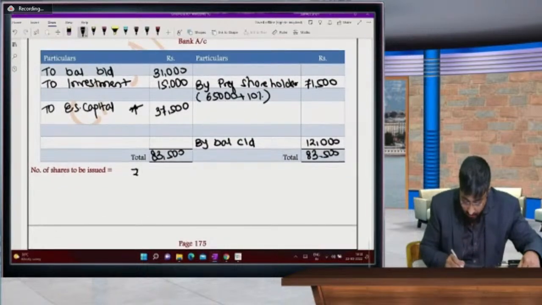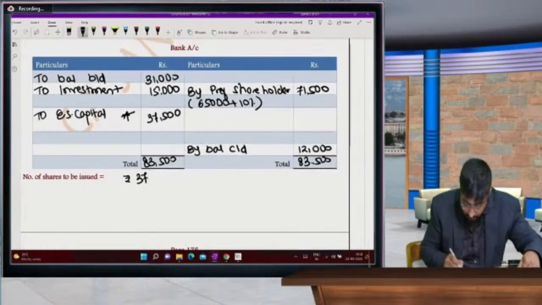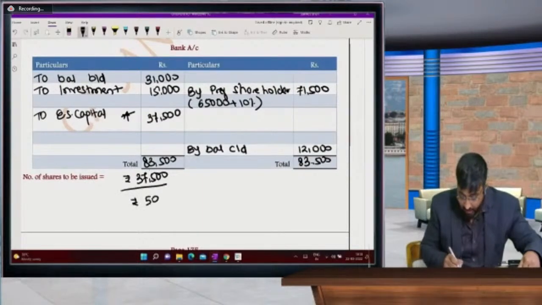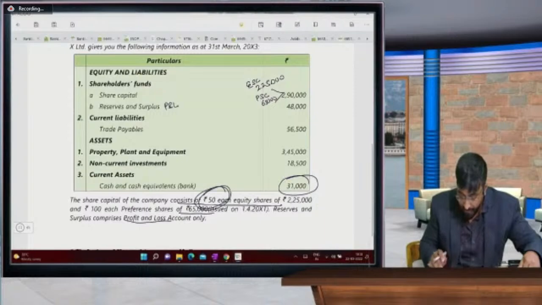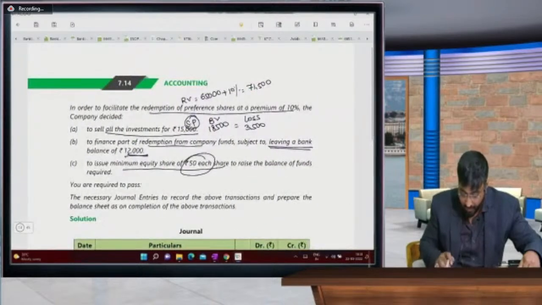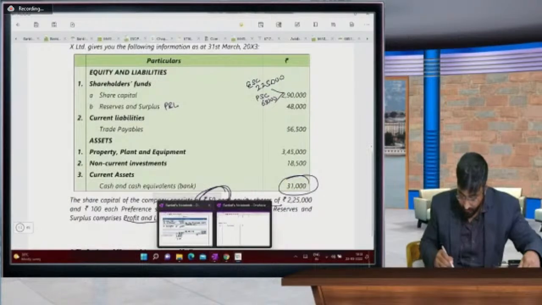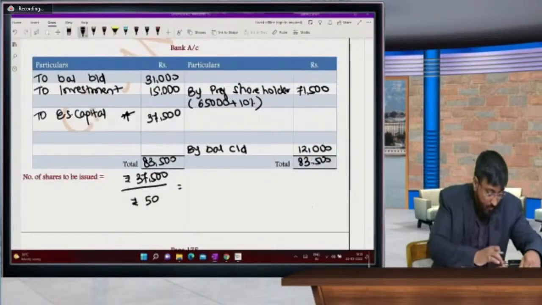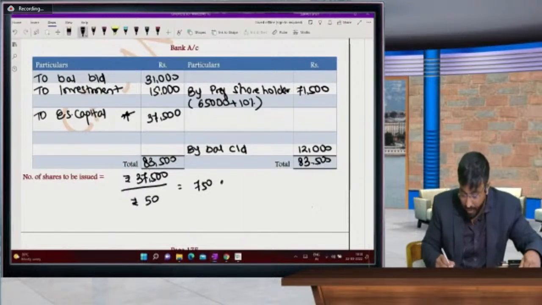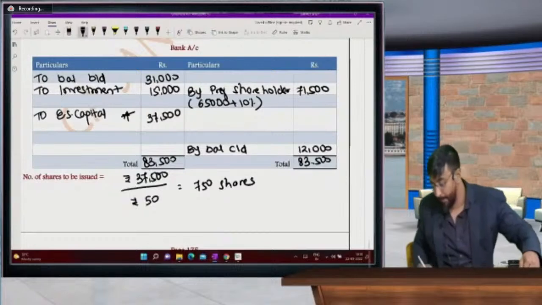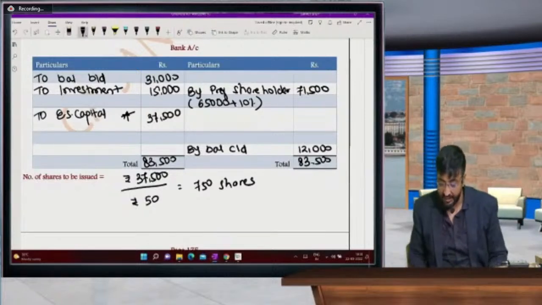One share, so number of shares to be issued: 37,500 divided by one share is of rupees 50, 50 each. 750 shares. How many shares I am going to issue?